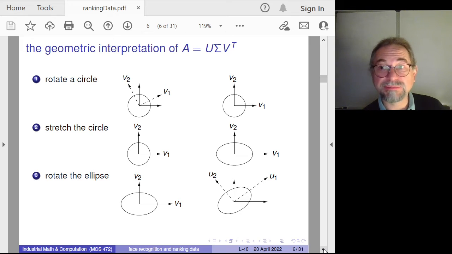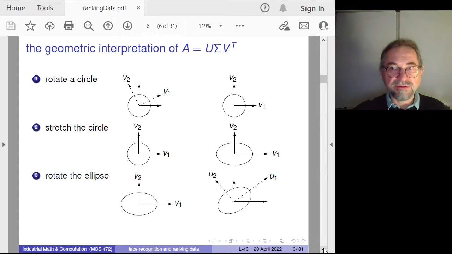I mentioned that the position of the head is important. Here is a geometric interpretation of the singular value decomposition. We multiply some data with the matrix. The multiplication goes from right to left, so we first multiply with the third matrix.